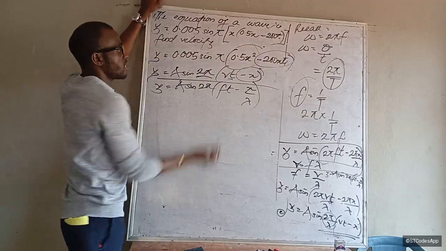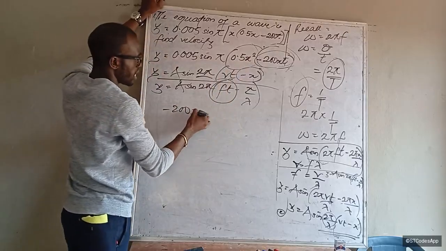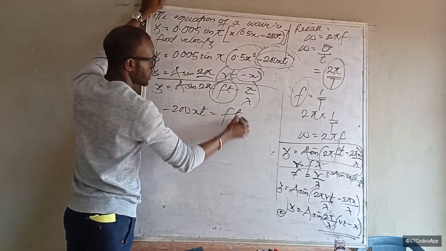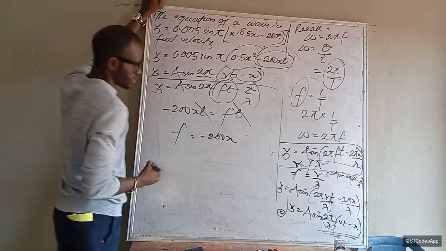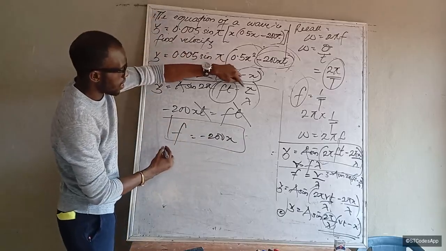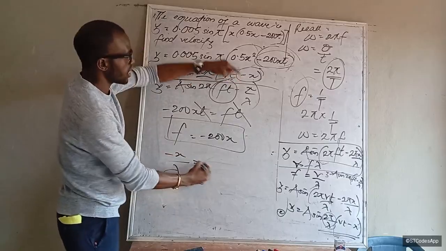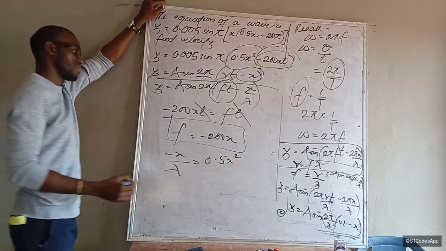Is it making sense? So if I equate this to this, I'll have minus 200xt is equal to ft. This xt of this, f equals minus 200x. I keep this. Then minus x over lambda is the same as 0.5x squared.